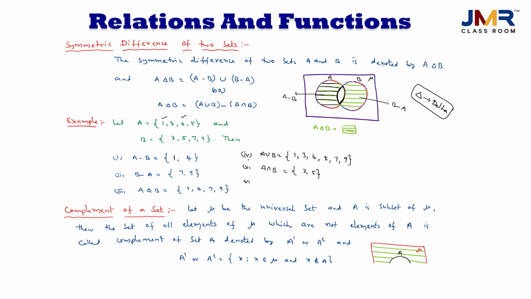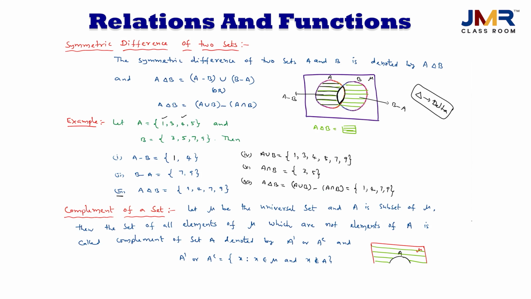From this formula also, A delta B, again in the formula, A union B minus A intersection B gives A union B, that is 1, 3, 4, 5, 7, 9, minus A intersection B, 3, 5. If you remove, then 1, 4, 7, 9. See, already A delta B contains the same elements 1, 4, 7, 9. Here also we get 1, 4, 7, 9. So you can find A delta B by using two formulae, using A minus B union B minus A, or A union B minus A intersection B.